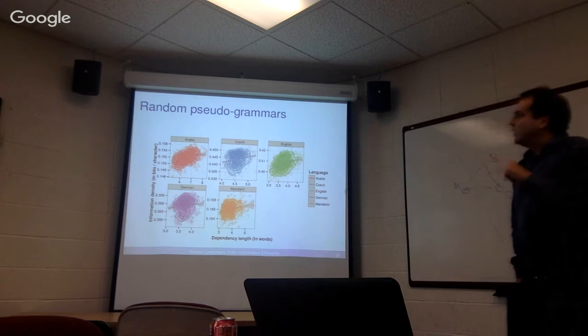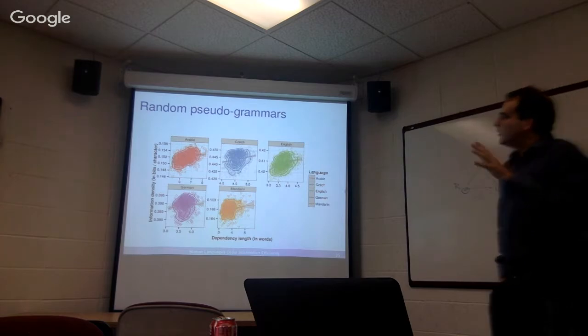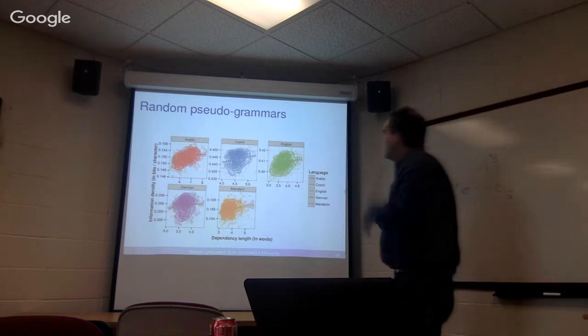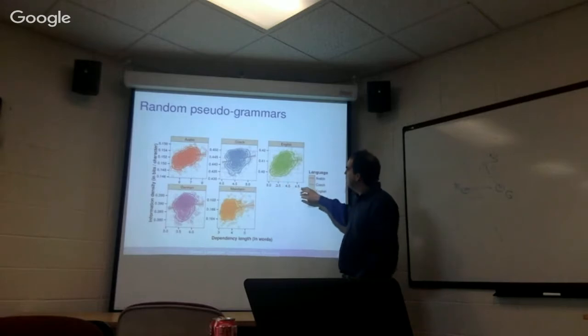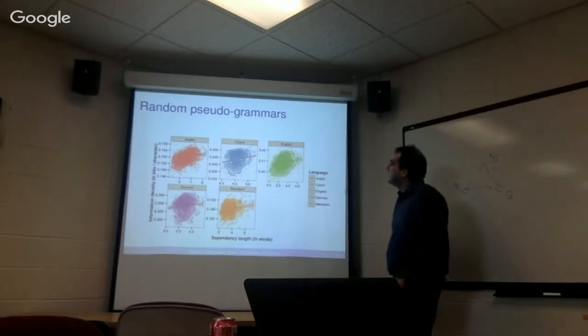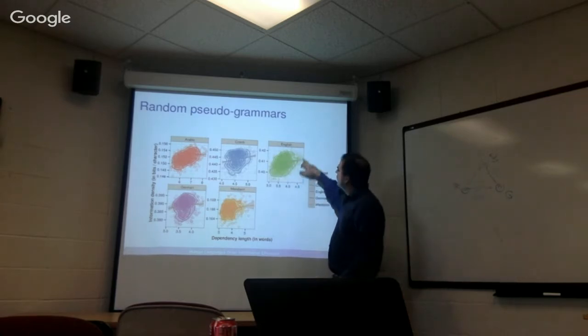Okay, so each point on these graphs is one of the random grammars, one of the random sets of weights, and the x-axis is average dependency length per word, the y-axis is average negative log probability per word. Just looking at this, you can see there's some correlation.